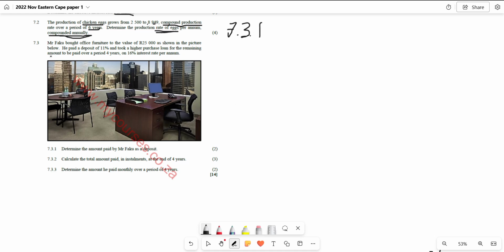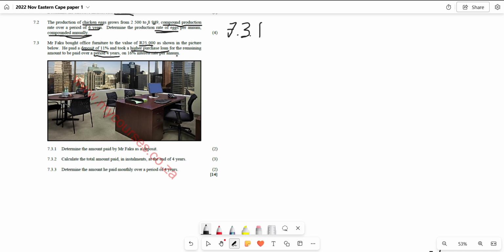7.3 reads as follows. It says, Mr. Faku bought an office furniture to the value of 25,000 rands. As shown in the picture below, he paid a deposit of 11% and took a hire purchase agreement or a hire purchase loan for the remaining amount to be paid over a period of 4 years on 16% interest rate per annum.